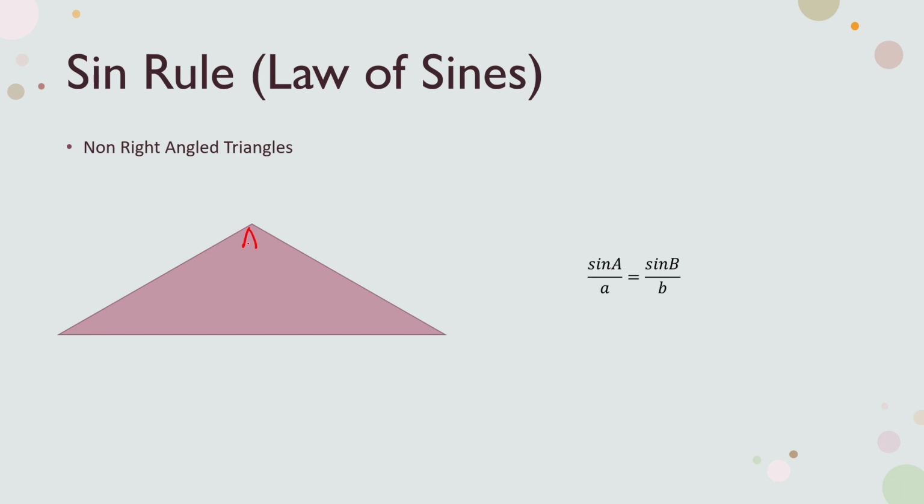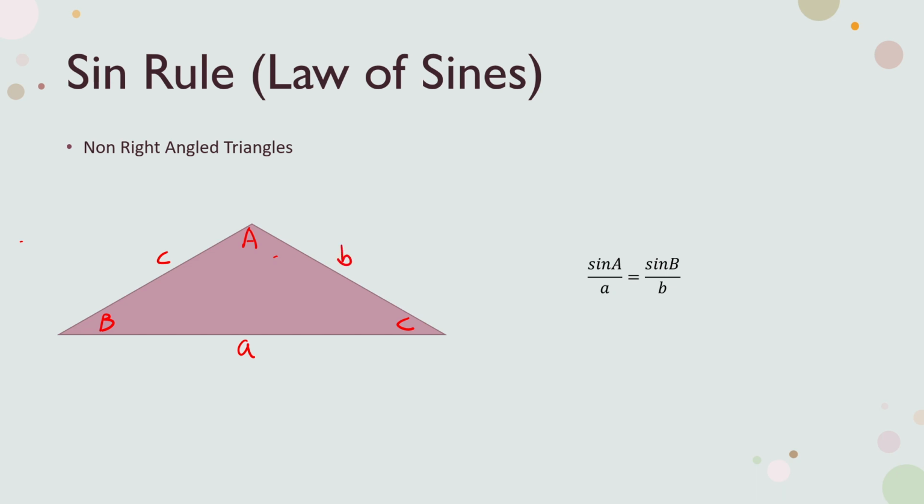If we put capitals for our angles A, B, and C, what we always say is then that the opposite side to each angle is the lowercase version. So if I have capital A, the opposite side is little a, capital C, the opposite side is little c, and if I have capital B, the opposite side is little b.